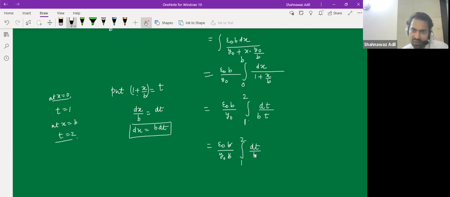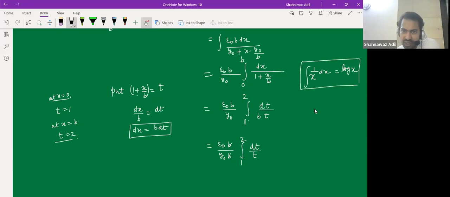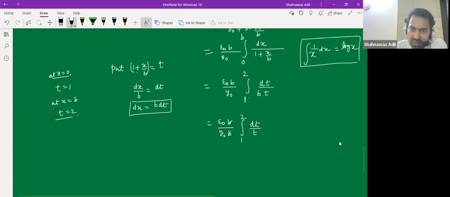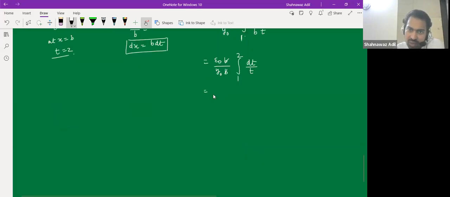What is the integral of 1 by x dx? This is log x, right? So this will become epsilon naught by y naught and log of t from 1 to 2.